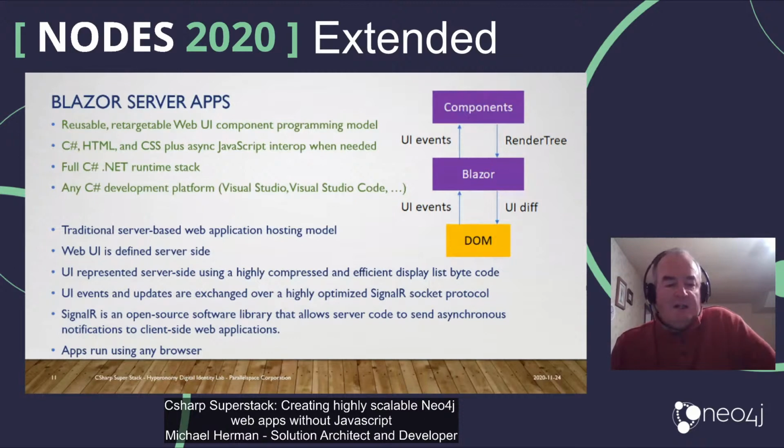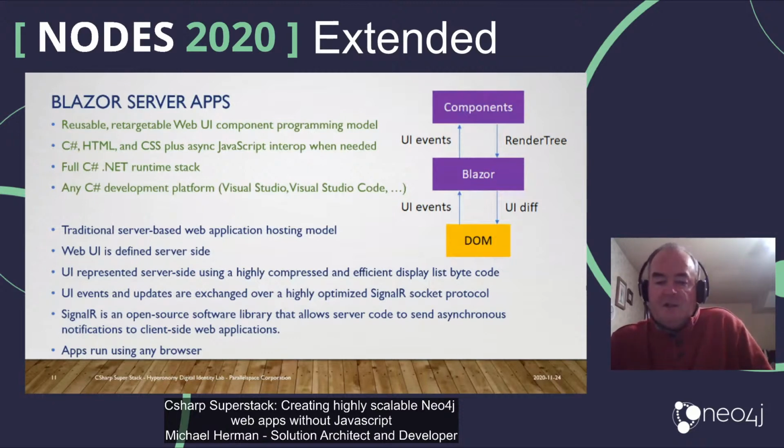The UI is represented on the server and in the browser using a highly compressed, efficient sort of display list bytecode. I have some slides later on that I've hidden for now for time, but the idea is that even though this is running server side, it's very efficient in terms of the interactions between your user interface running in the browser and your application running on the server.